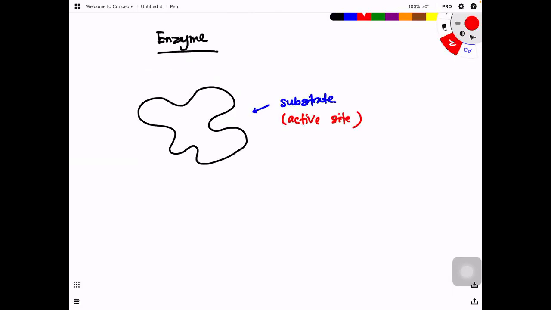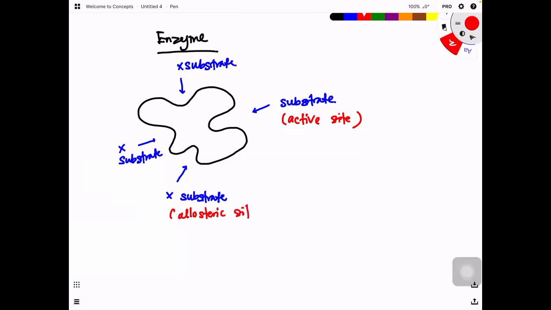And you can see that we still have a lot of other pockets here. These pockets are not for substrate to bind. This kind of site we call an allosteric site. Are you clear? This kind of site is termed an allosteric site.